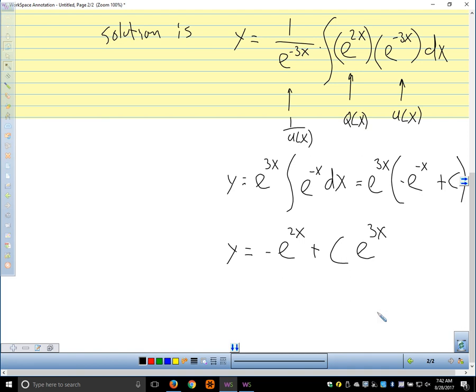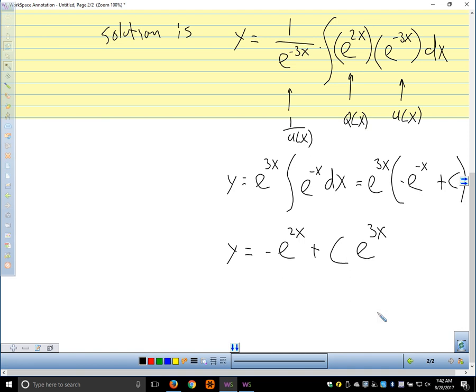Is it okay if we don't multiply the e to the 3x out? If you just left it like this, yeah, that would be fine. But what students often do is multiply these two and leave the c sitting out as just a plus c. But then your solution is off by a factor of e to the 3x, and depending on your function, that turns out to be a big deal.